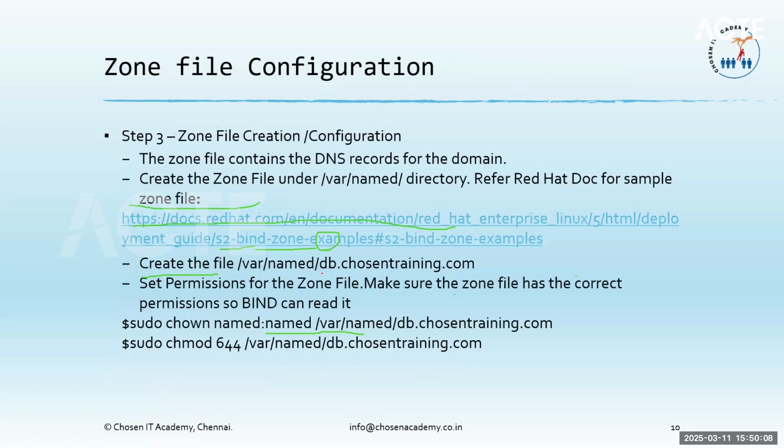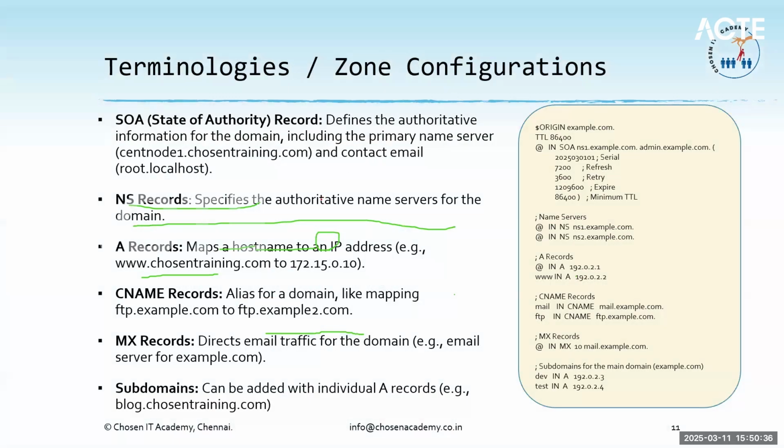The location where we have to create this file is /var/named. Then set permissions for the zone file. We have to make sure the named user is able to access this file, so we give read-write permission for the named user. That's about the zone configuration file.